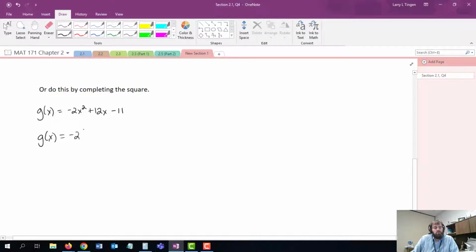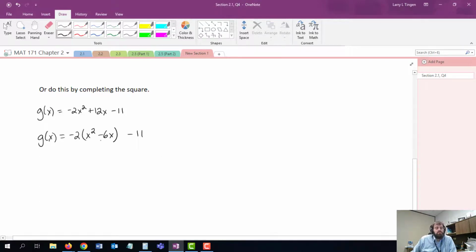So I'm going to pull that out, and that's going to leave me with x squared. 12 divided by negative 2 is negative 6. Negative 2 divided into negative 11 becomes plus 11 over 2. All right, so I have pulled that out, and let's just make life easier right here. All the terms that have x in it, let's pull that out, and then all of those that don't, let's just leave them alone, because I'm going to have to redistribute if I don't.